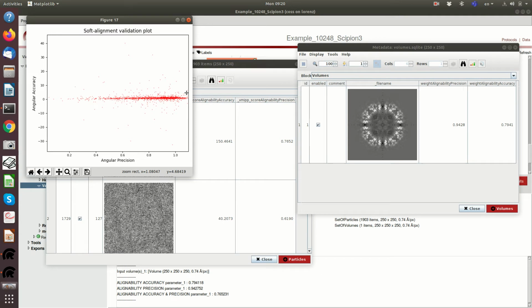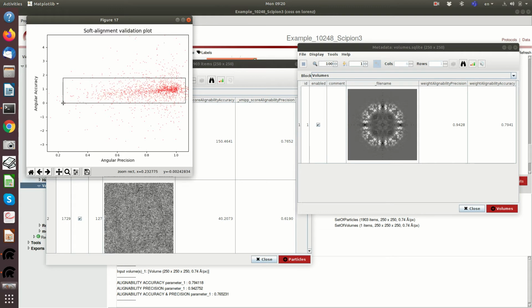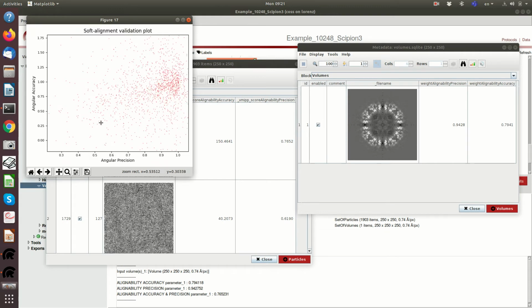Ideally you would like all the particles to be in the 1, 1 region. This is not exactly the case, but there are theoretical reasons to choose the ones that are below 0.5 in any one of those two numbers.